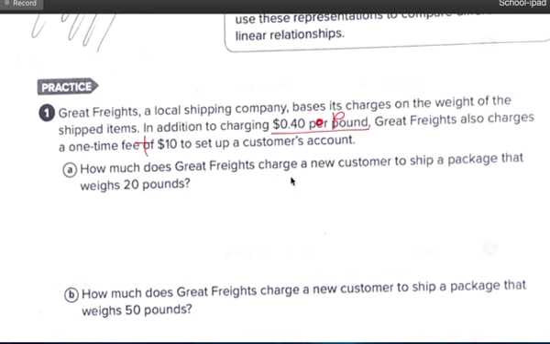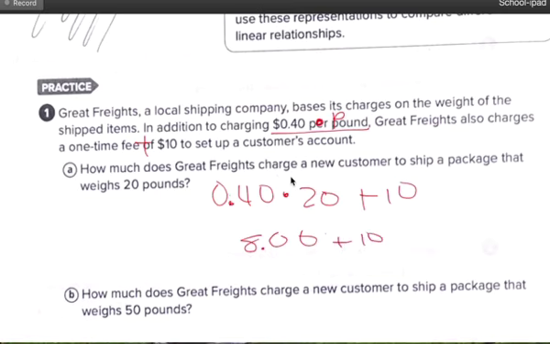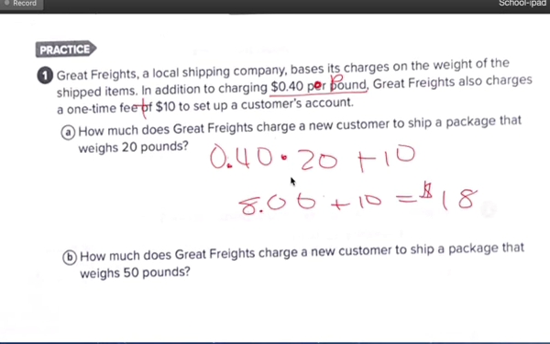Okay. 40 cents times 20 pounds plus the $10 setup fee. That's 8 with 2 zeros. $8 plus $10 equals $18 for 20 pounds. It's not too bad.